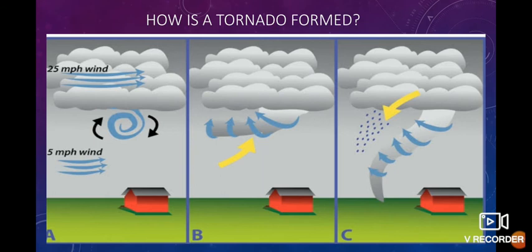The warm air all around it makes it twist at a very, very high speed. And this is when a tornado is formed. Tornadoes can also be formed on water, and when they are formed on water or sea, we call them water spouts. So tornadoes can be formed both on land as well as the sea.